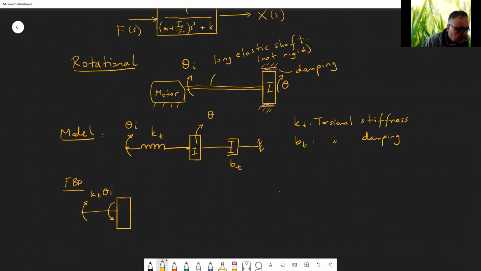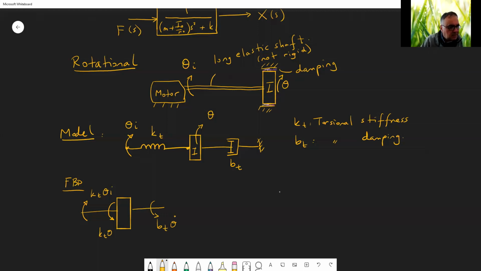Now this is the kind of trickier part. I will try to explain. The torques that are acting on this system, okay?